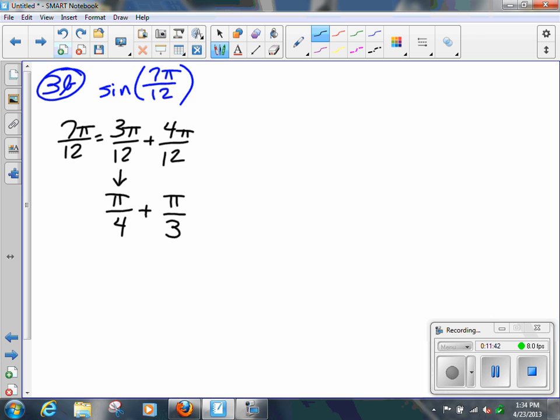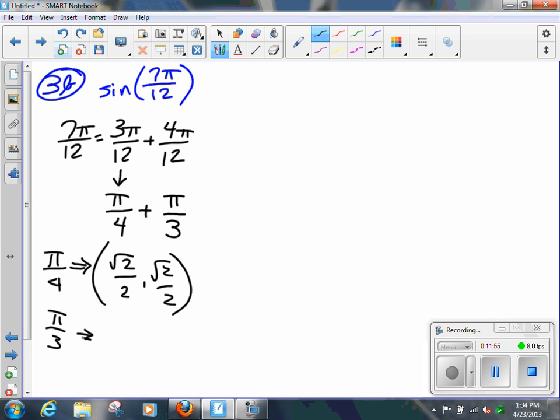Good. What's the terminal point for pi over 4? Root 2 over 2, root 2 over 2. What's the terminal point for pi over 3? 1/2, root 3 over 2, correct? Now, I got everything I need.